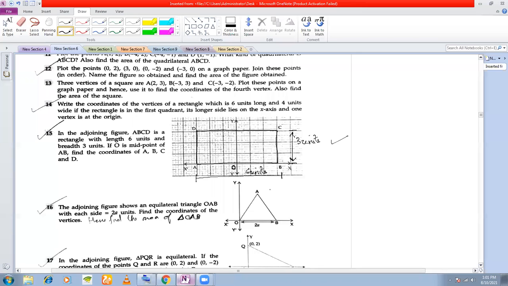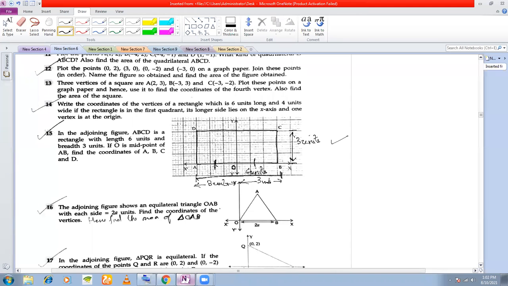O is the midpoint of AB. Midpoint means this length is equal to this length. All of you know the meaning of midpoint? Midpoint means middle point. So if you have the length AB here, this must be 3 units, and this must be 3 units.